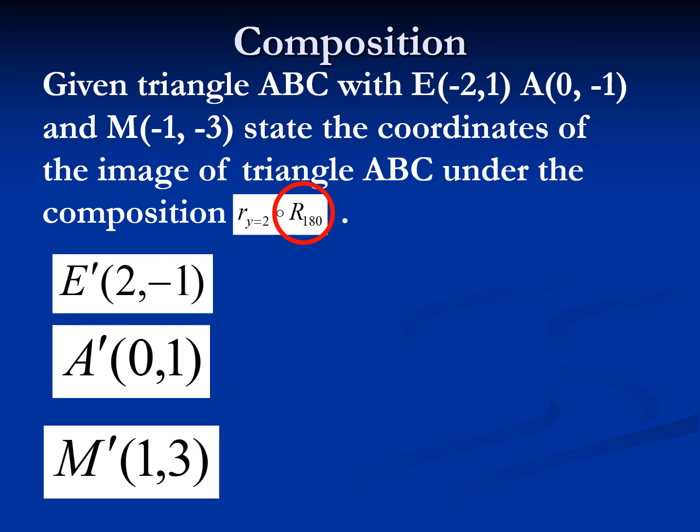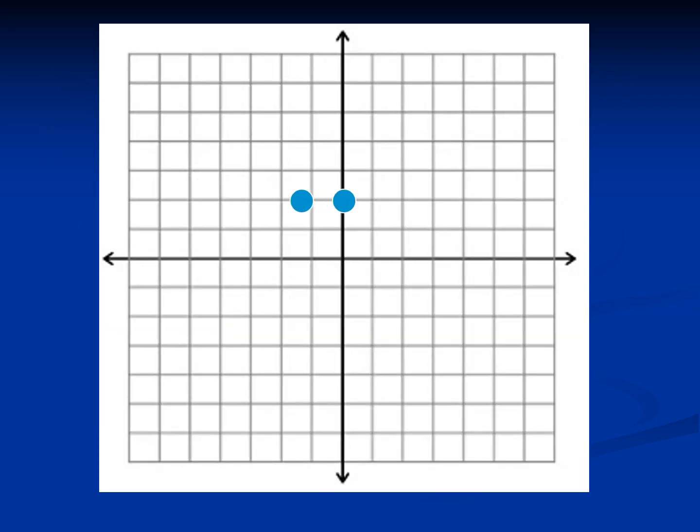So when we rotate 180 degrees, all we're doing is changing the signs. If it's positive to negative, it's negative to positive. Then we're going to reflect it over that line, which is, you'll see the line drawn out there, y equals 2. And then we're going to just reflect it over that line. And all you got to do here is count the boxes, how many boxes it is. From the line to your point, you go over, as you can see it being shown there.